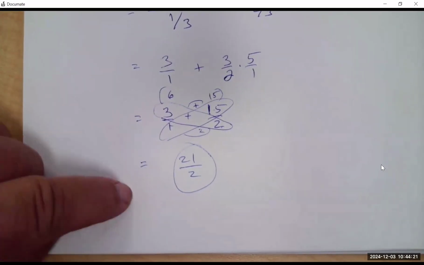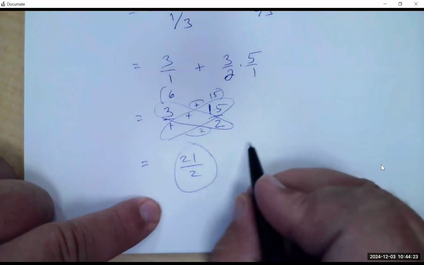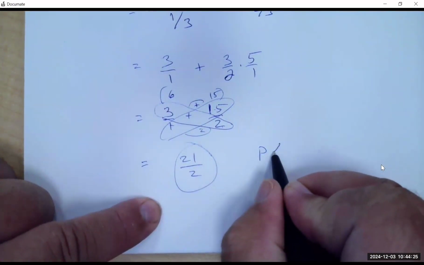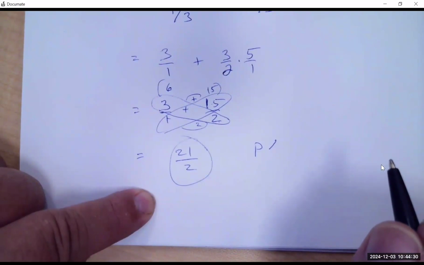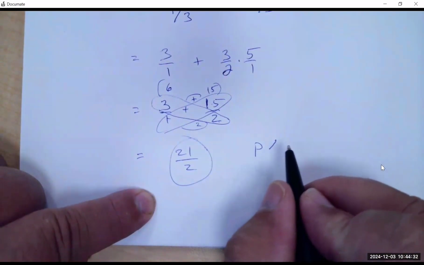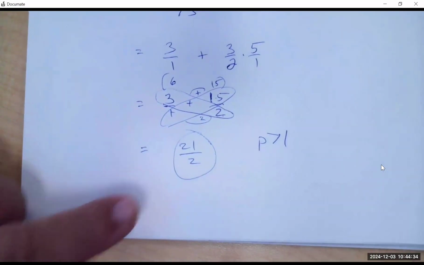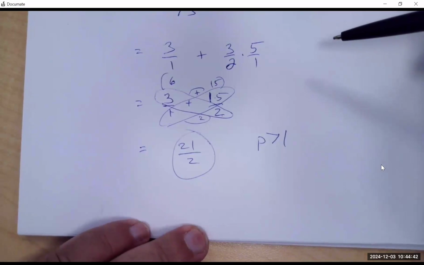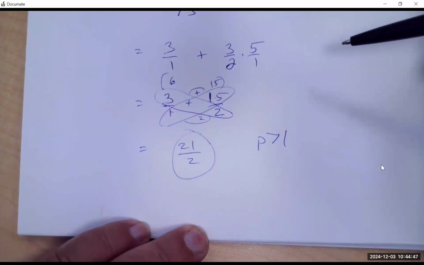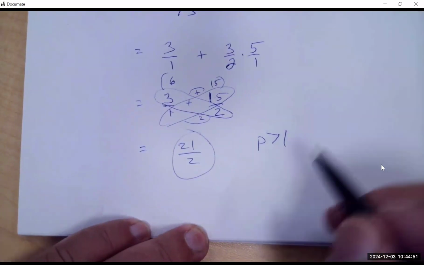Now, that's not the limit. All this tells me is that P is greater than 1. So what does that tell me? What's my P?